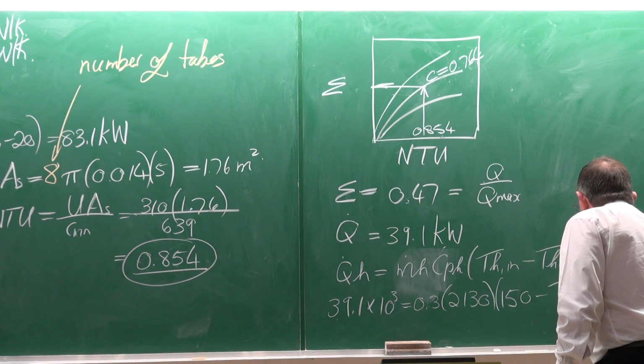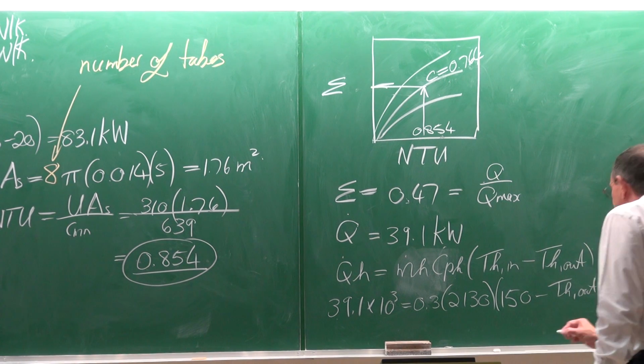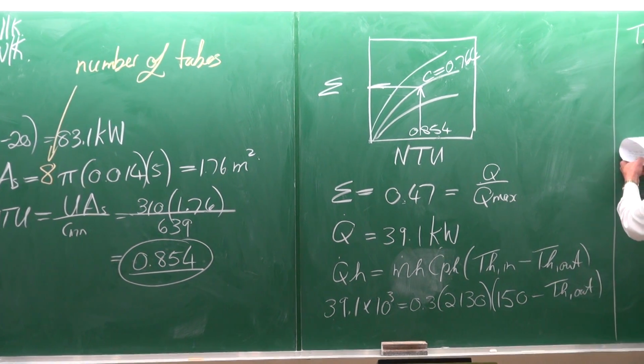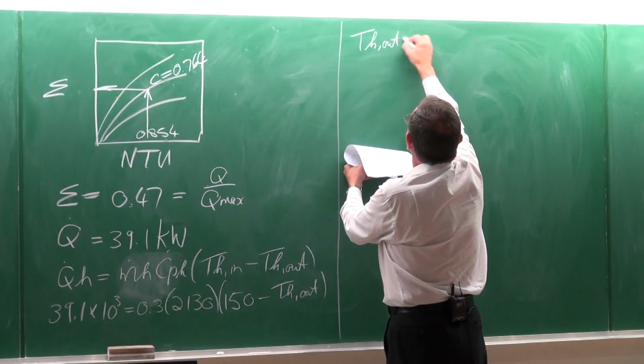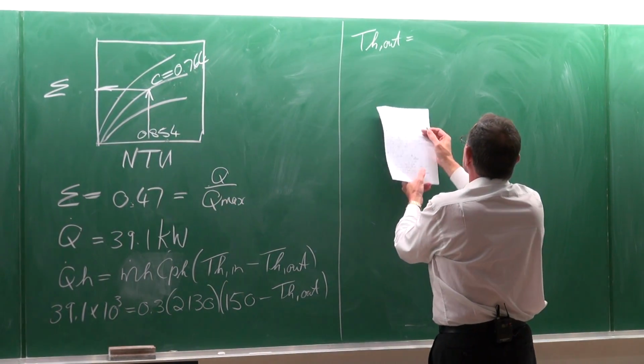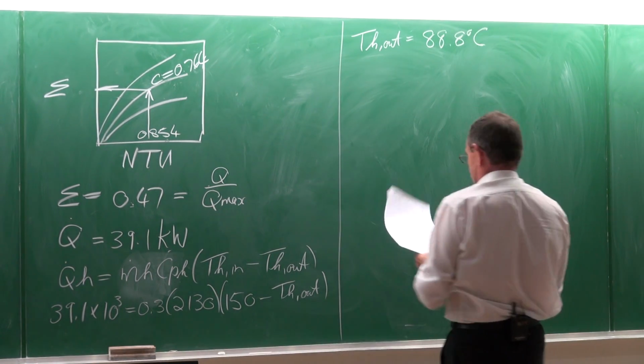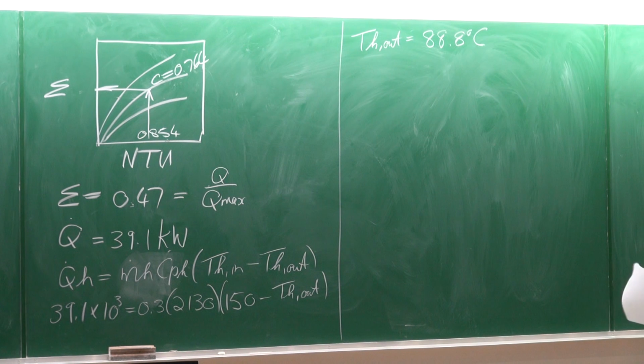The outlet temperature on the hot side we want to determine. That's the only unknown, so we can determine the outlet temperature as 88.8 degrees Celsius. You all with me? I'm not going too quickly.